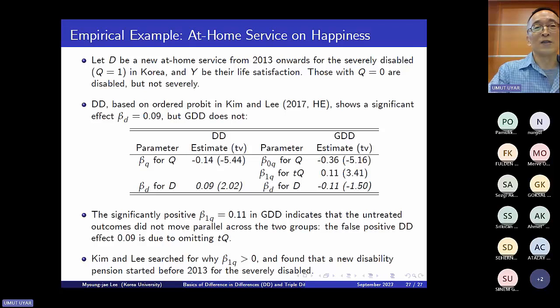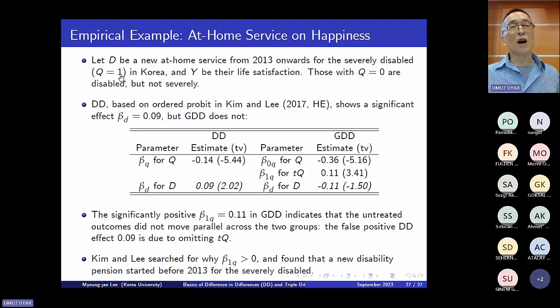Okay, this is the final slide, the empirical analysis of GDD. In South Korea, the government started a new service for severely disabled people in Korea.